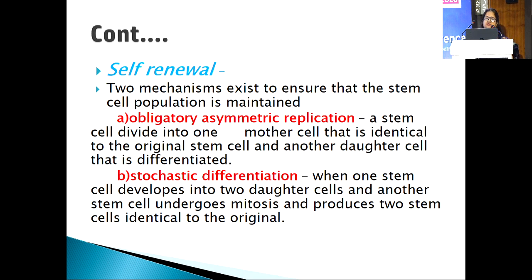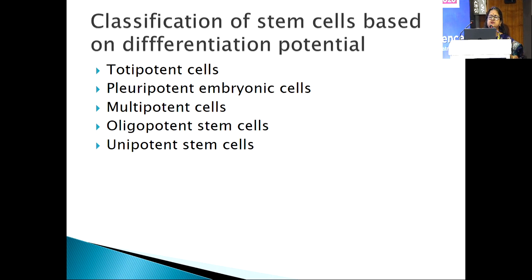A stem cell can divide into one mother cell that is identical to the original stem cell and another daughter cell which is differentiated. One stem cell can develop into two daughter cells, and another stem cell undergoes mitosis and produces two stem cells identical to the original. In this way, the maintenance of the stem cells in the eye is maintained.